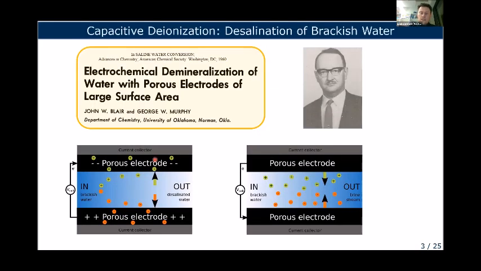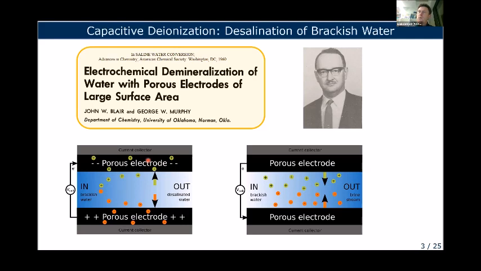It started already in the 60s of the last century with a study, electrochemical demineralization of water using porous electrodes at a large surface area. What you basically do is you have two parallel electrodes, an anode and a cathode, and depending on the charge of the electrode, it's either the cations or the anions that are electroadsorbed onto and into this material.